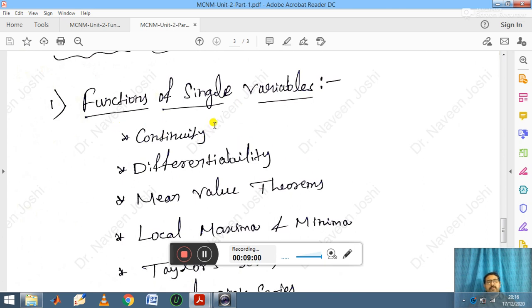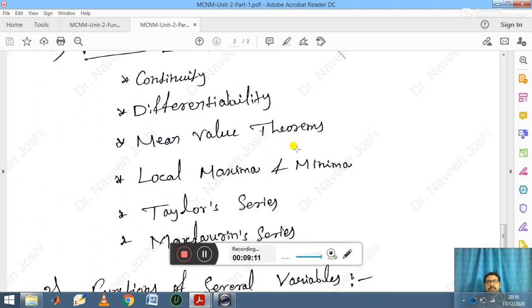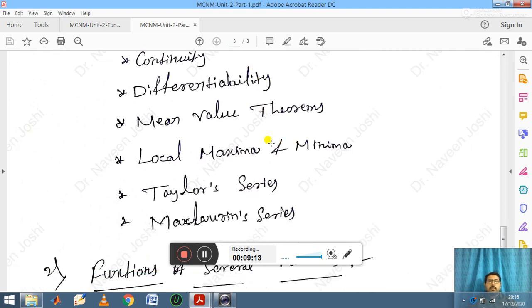In functions of a single variable, you learn the concepts of continuity, differentiability, and mean value theorems, namely Rolle's theorem, Lagrange's mean value theorem and Cauchy's mean value theorem, and Taylor series and Maclaurin series.